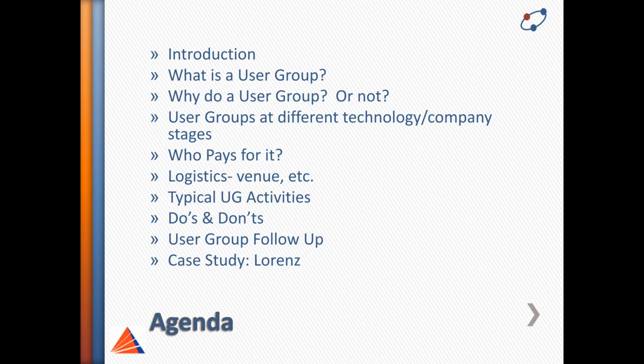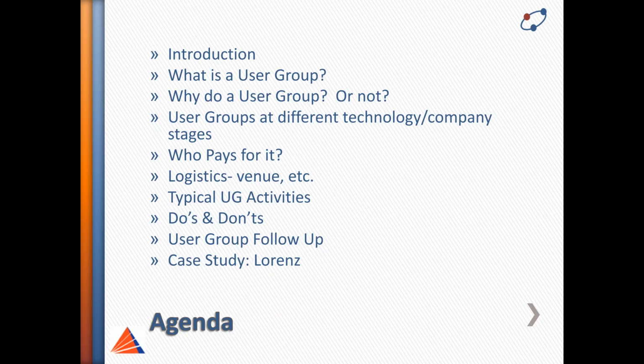I'm going to talk about the budget, very, very important, how to actually pay for it. The logistics around a user group are very important, so what venue and other logistics issues. I'm going to cover what is it that you would typically see at a user group, what types of activities need to be there. Probably my favorite slide is our list of do's and don'ts on a user group.